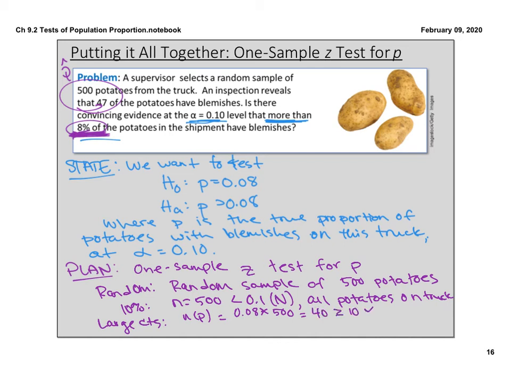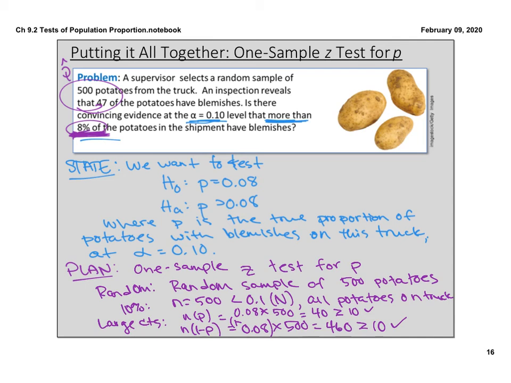Check. Then I have n times 1 minus p, which is 1 minus 0.08, times 500, which gives 460, greater than or equal to 10. Check. All right, there's your plan.